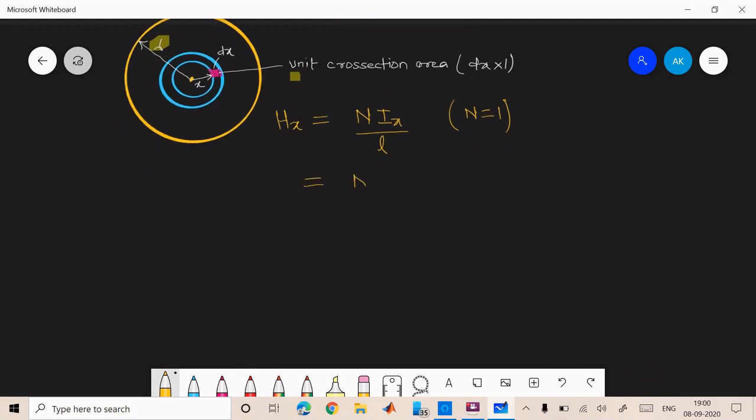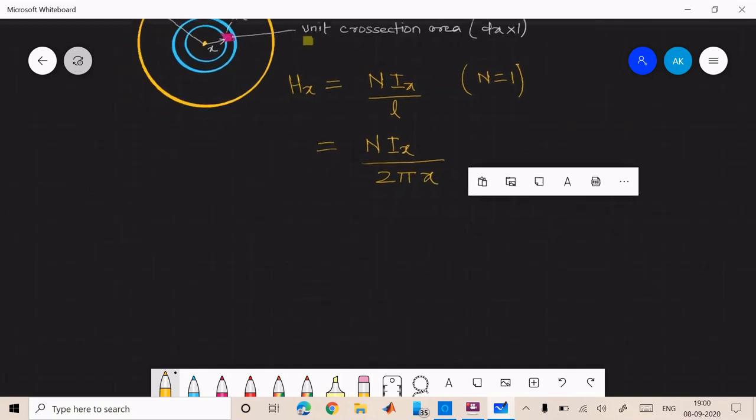We can write it as N Ix, and the amperian length is the circumference at a distance of x, so it is 2 pi x.